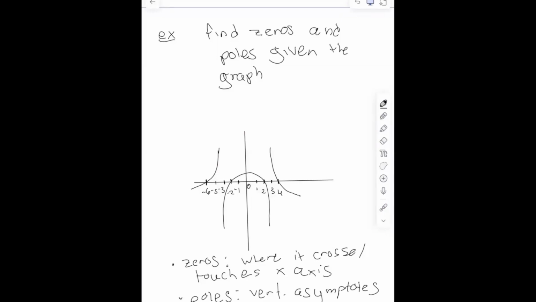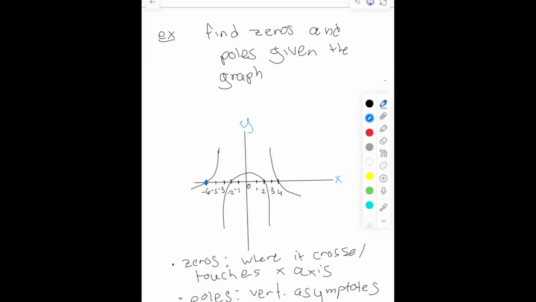All right, let's look at this graph right here. I'm going to change the color, and let's identify our zeros. Let's see where the graph of this function crosses the x-axis. This is the x-axis, this is the y-axis. I'm going to start from the left and scan across. So I'm scanning, scanning, scanning, and oh, at x equals -6, I see that we cross the x-axis.